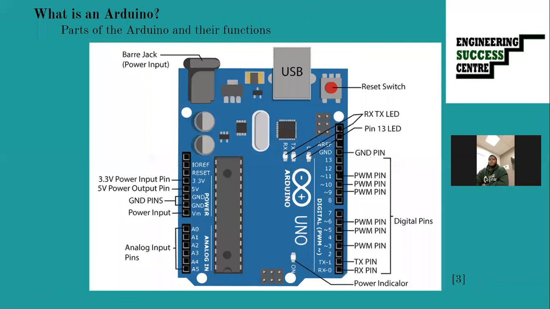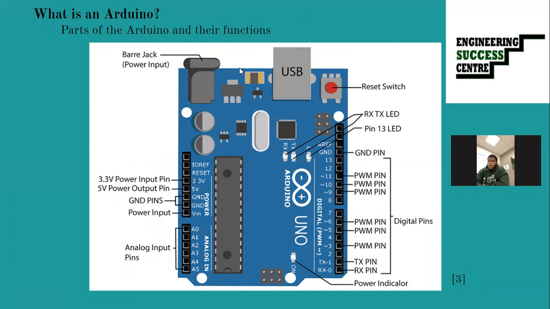Okay, so parts of an Arduino and their functions. There's many parts of an Arduino. The USB is what you can use to connect the Arduino to your computer. Then you have your power.